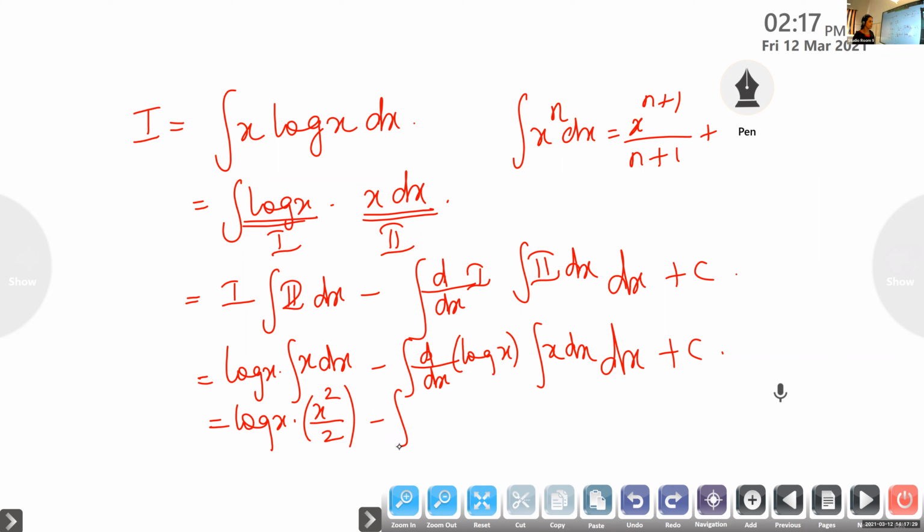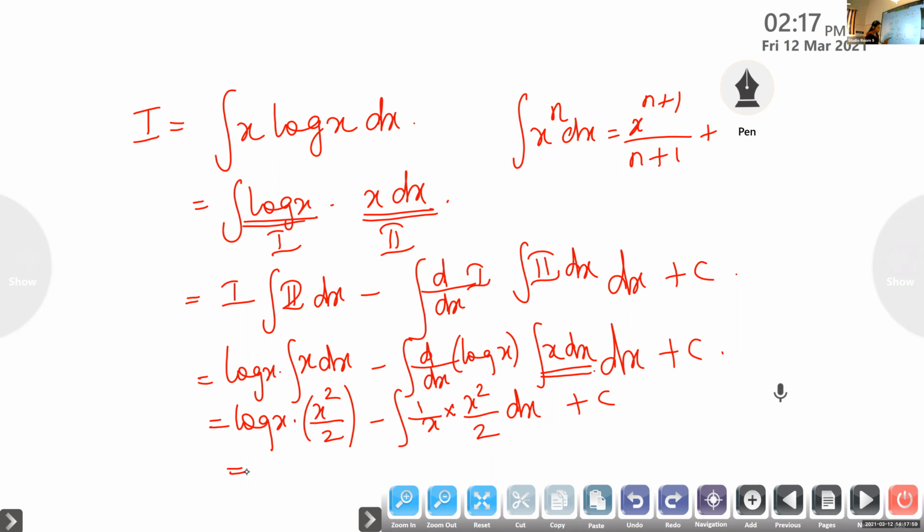Aparna, what is derivative of log x? Ma'am, 1 by x. Into, Shubham, once again, what is integral of x dx? Yes, ma'am. Integral of x dx is x squared by 2, into dx plus c. Now, Anila Mohanan, what's the next step?